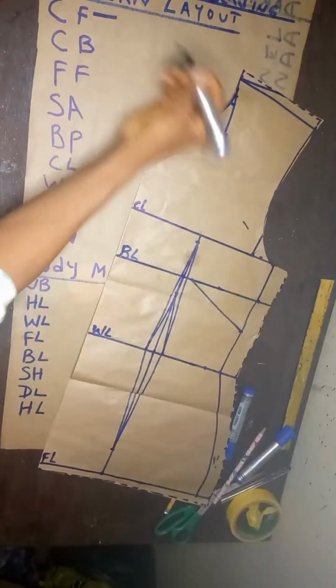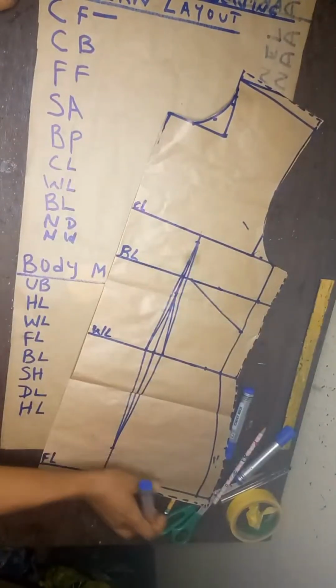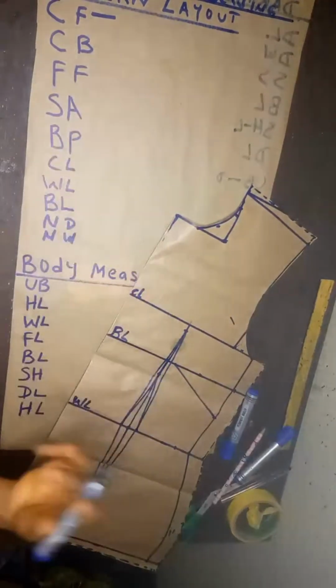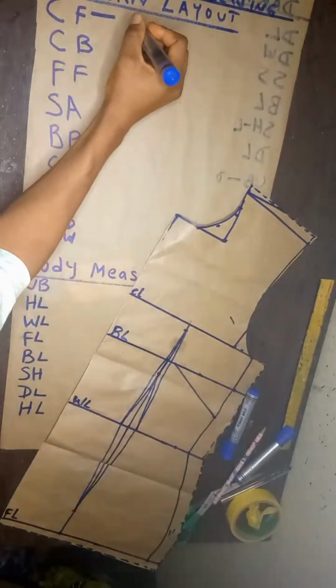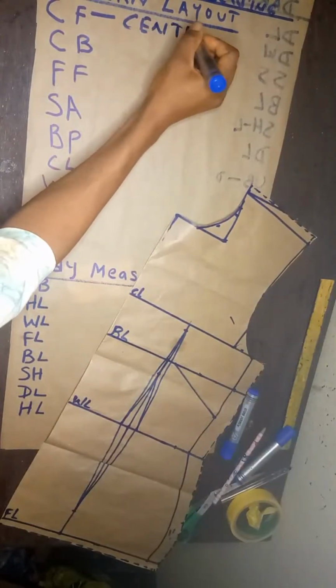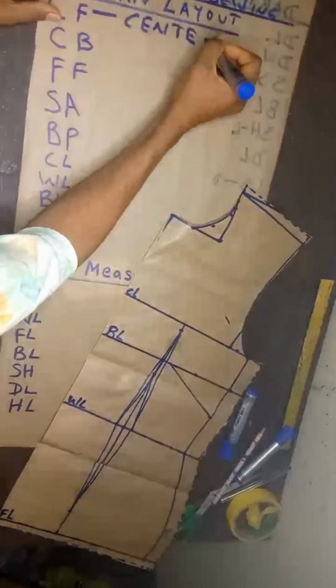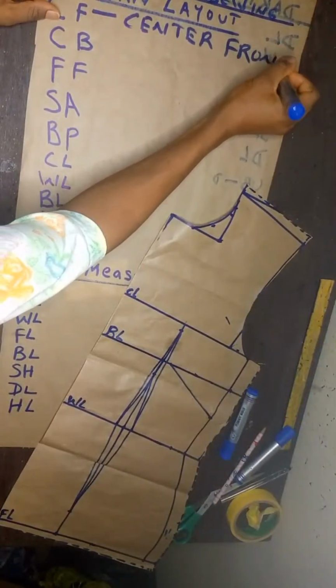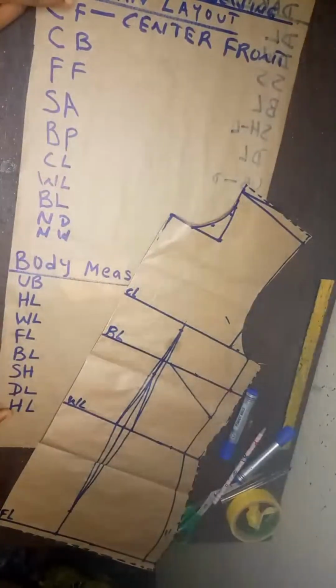I'm going to use capital letters throughout so that you'll be able to understand my handwriting easily. So I'm just going to write the full meaning of CF: center front. I hope it's clear enough in the camera.